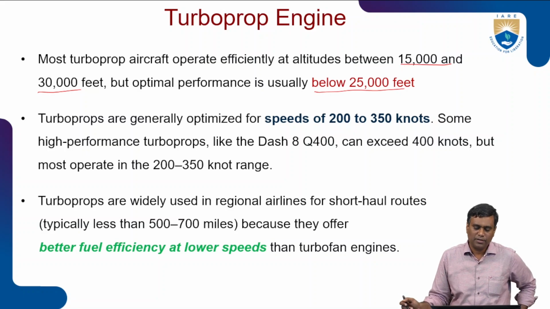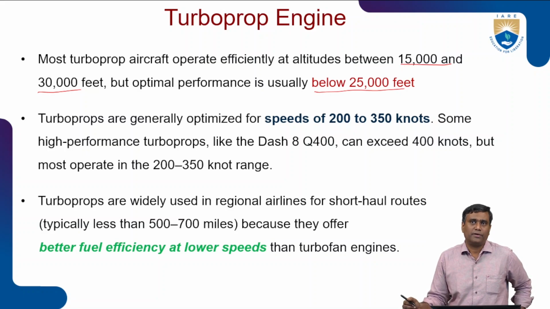And speeds are 200 to 350 knots, and a few high performance turboprop engines like the Dash 8 Q400 can reach or exceed 400 knots. Otherwise, this is a special advanced type, but the general range of speed is 200 to 350 knots.